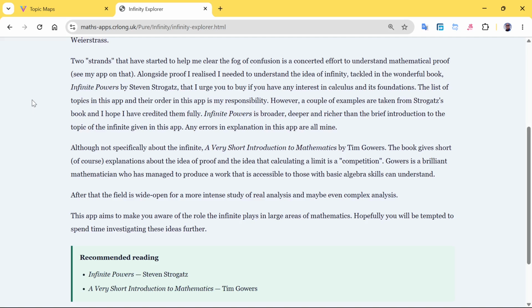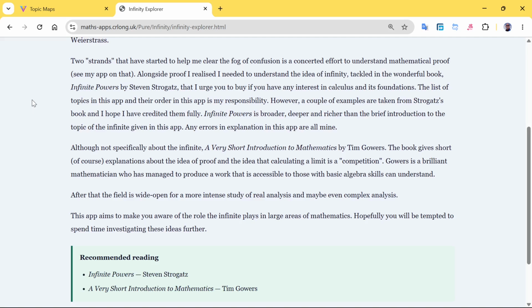I'm just saying I would say go there as a source of really useful information, and it gives you a much deeper and broader understanding of this topic, which then becomes important for a whole range of later mathematical topics.